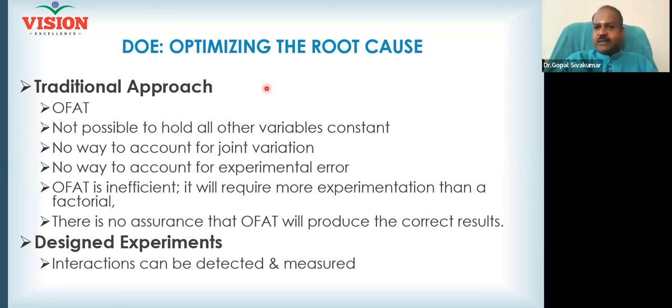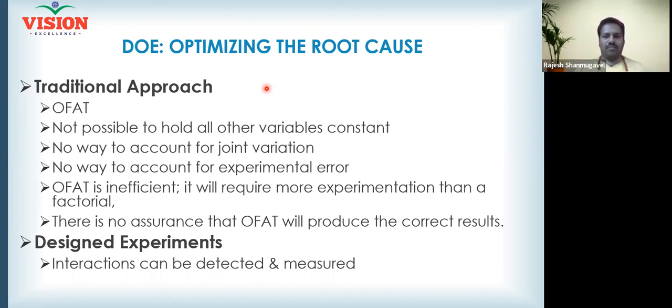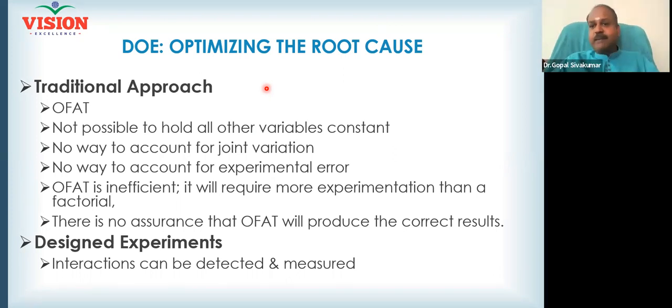Let us say there are three factors, A, B, and C. Now, how many effects will there be? Effect of A, effect of B, effect of C: three main effects. Then the effect of A and B together, which is called AB. Effect of B and C together, which is BC, and effect of C and A. AB, BC, CA. So main effects are three, interaction effects are three more.